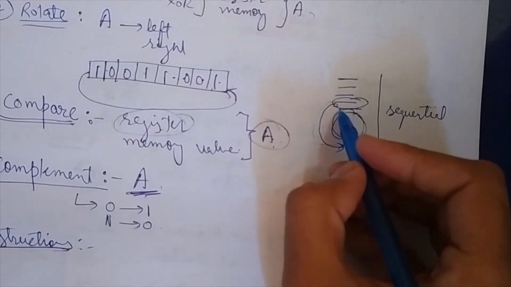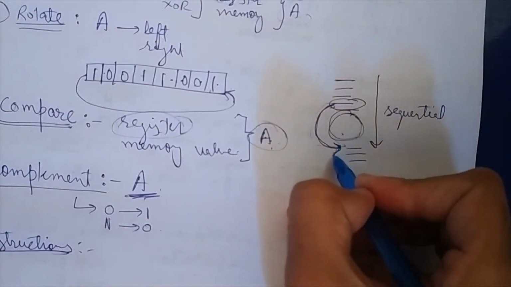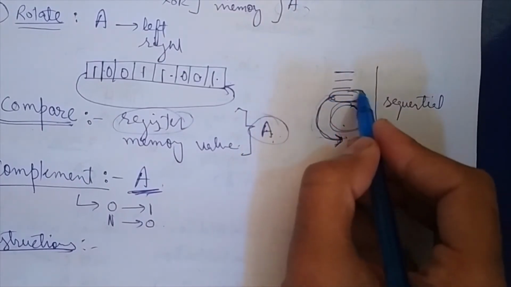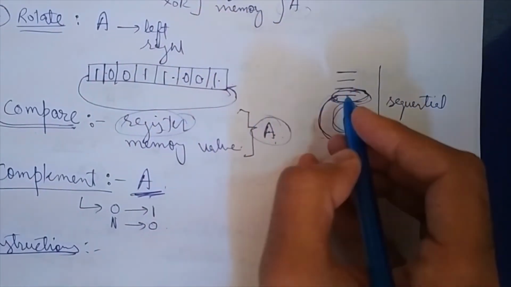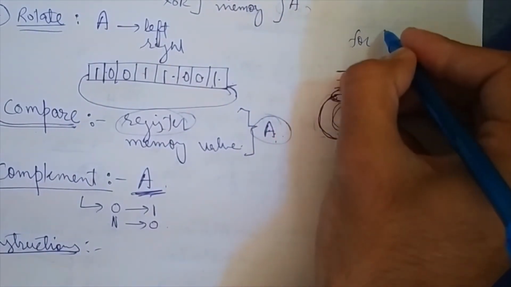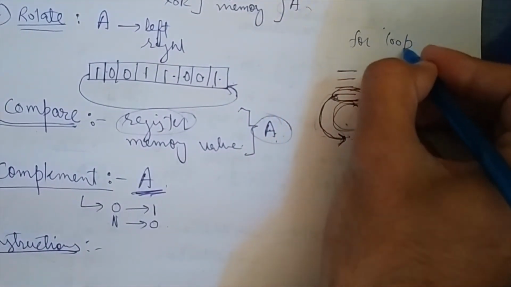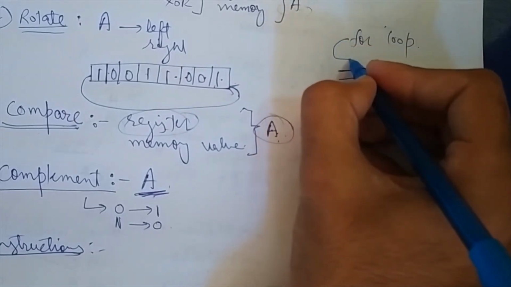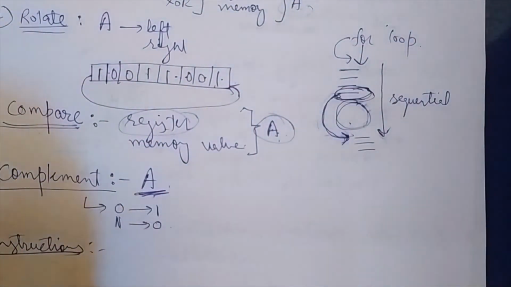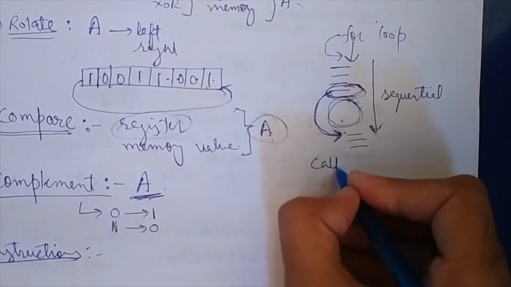That means we have to jump from one location to another location. So there are two scenarios in which we may have to jump. One scenario is when there is, for example, a for loop. In that particular scenario, we have to either jump to some other location or continue sequentially. And another type of jump is when we have a function call.